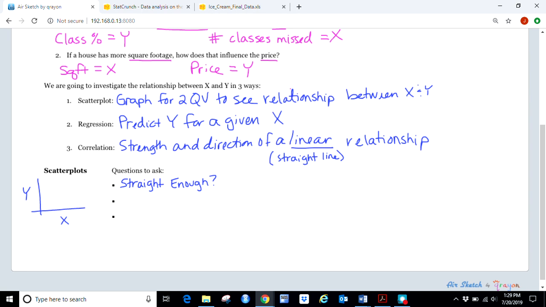And then if it is straight enough, I'm going to ask myself the follow-up question: is the relationship positive or negative? This goes back to the idea of slope that you learned in algebra class, and we'll look at some examples in a moment. The second question we're going to ask is how strong the relationship is.